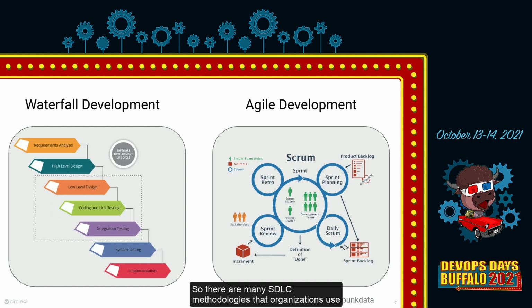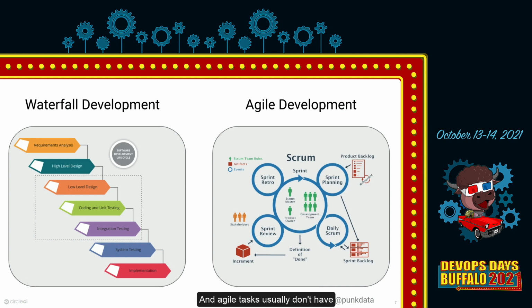So there are many SDLC methodologies that organizations use to deliver software. Waterfall and Agile are the most commonly used. Waterfall is a bit older and follows a sequenced cascading model where tasks are assigned in bulk and usually depend on previous tasks being completed before work can begin on the next tasks. In contrast, the Agile methodology breaks tasks down into smaller, more focused portions, enabling developers to complete them much faster.